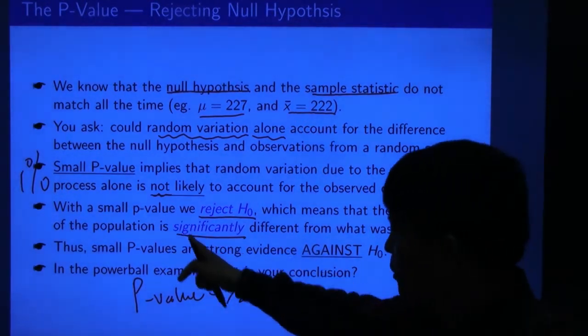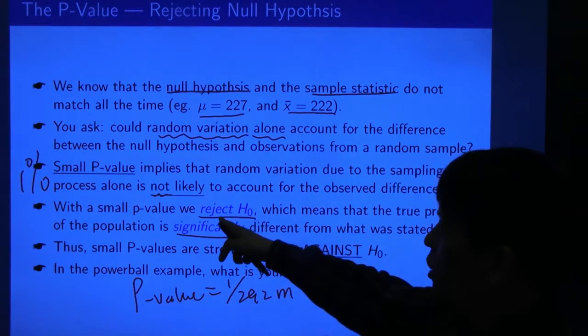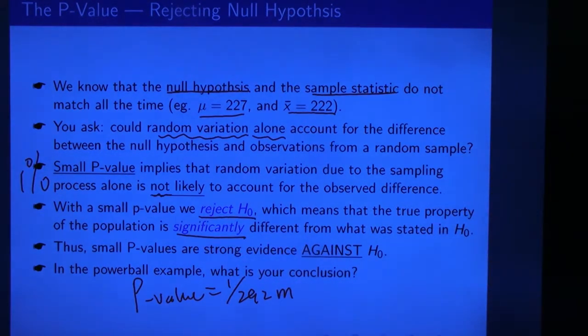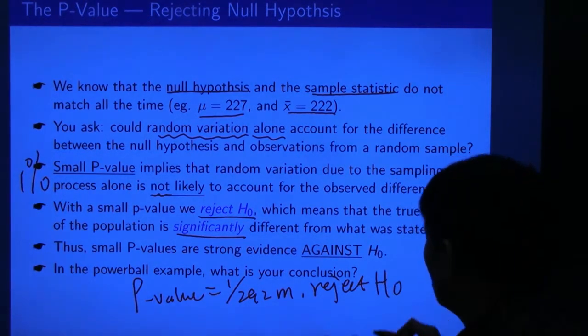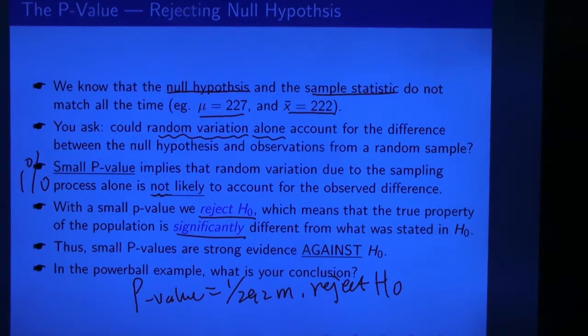With a small p-value, our conclusion is we reject H0. What is H0? H0 is that the odds for anyone to win the Powerball is 1 out of 292 million. So we reject that statement, which means it may not be true.